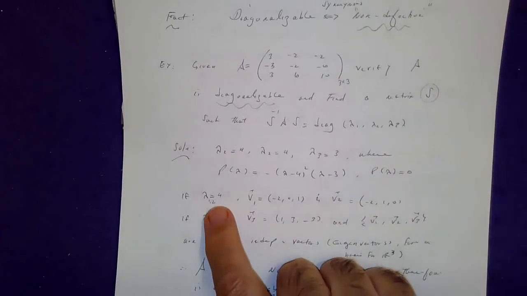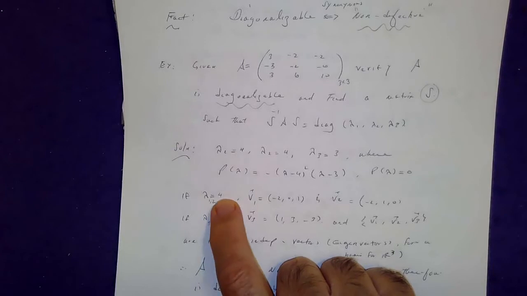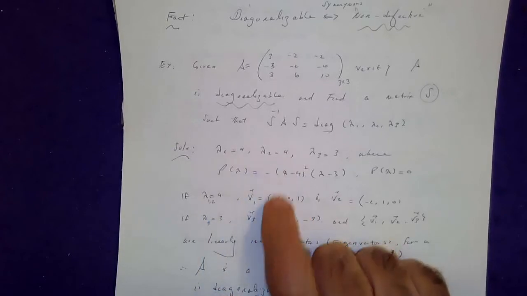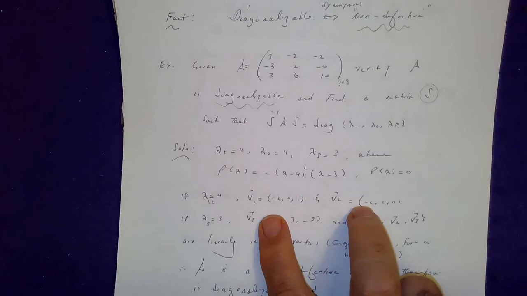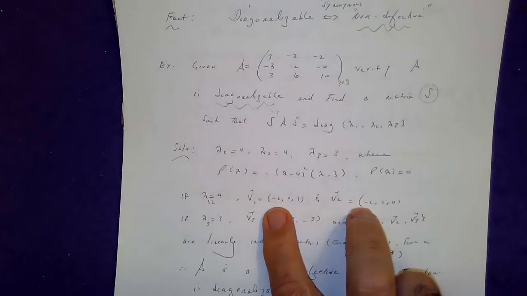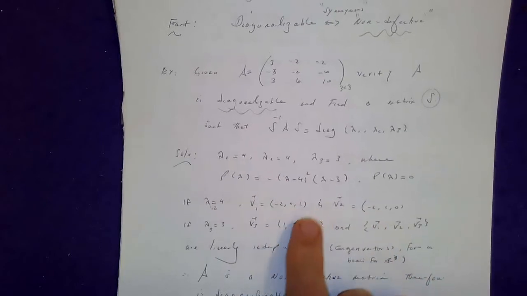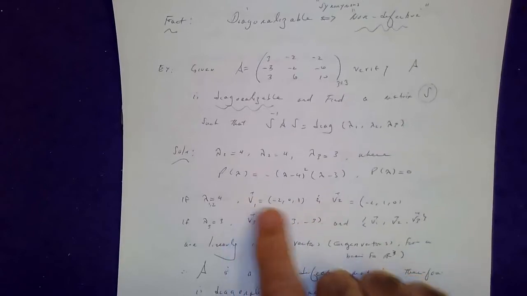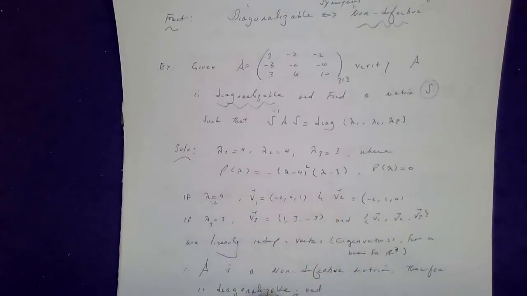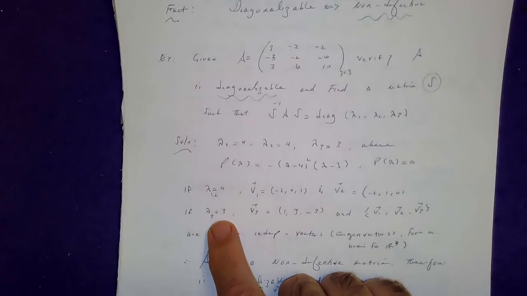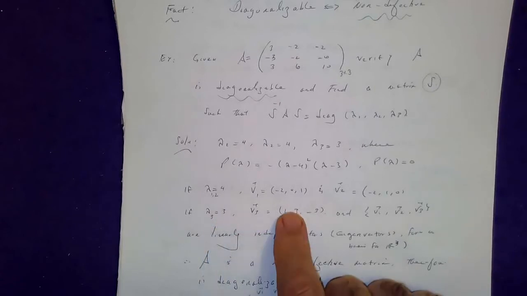However, if these eigenvectors repeat themselves, that is called geometric multiplicity. Anyway, if lambda 1 and 2 equal 4, because they both happen to be equal, you get 2 linearly independent eigenvectors, because I had 2 free variables. When you substitute lambda equals 3, you get one linearly independent eigenvector.